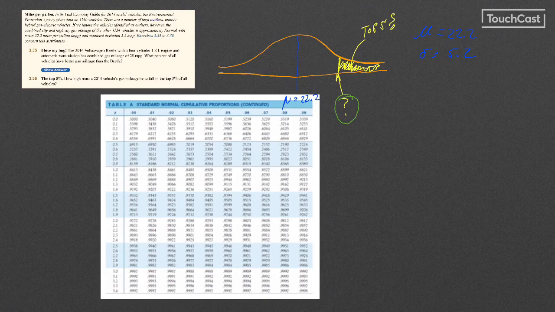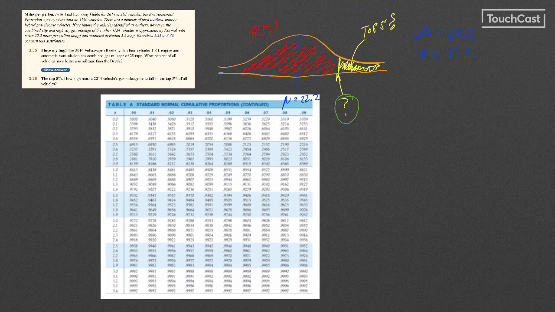So we need to adjust our thinking a little bit, because we're not looking for the top 5% right now. We're looking for the bottom 95%, and then we can figure out what that top 5% is. So this area here is the 95%. It's whatever's left over that's not in the top 5%.